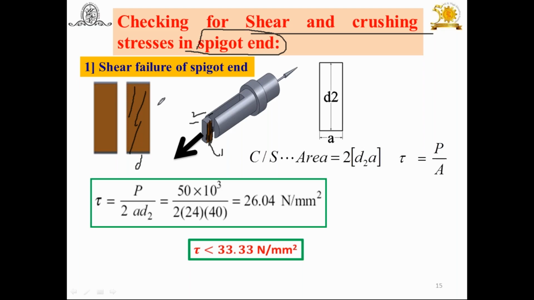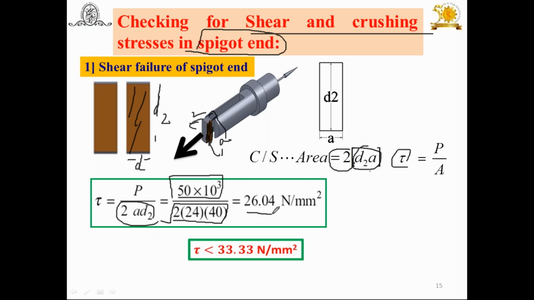Now what is the dimension? D2 and thickness, which is nothing but A. Yesterday we saw this is A. D2 into A is the area for one shear area, and on the backside there is another, so the total area is 2 times D2 into A. So the shear stress induced in the spigot is equal to P upon A. What is P? 50 into 10 raised to 3 Newton, and for the area we substitute 2 times A into D2, 2 into 24 into D2.